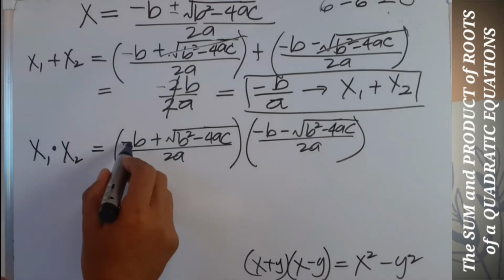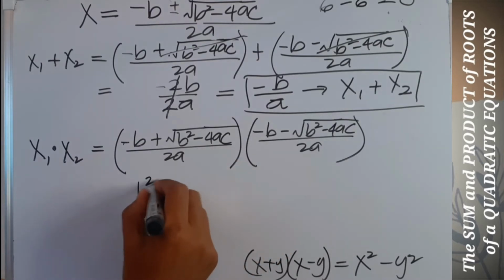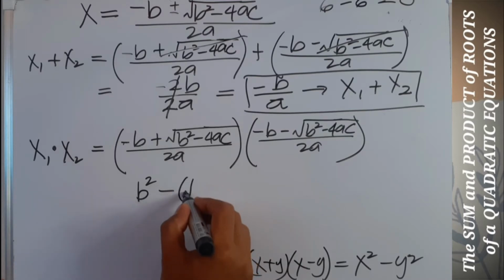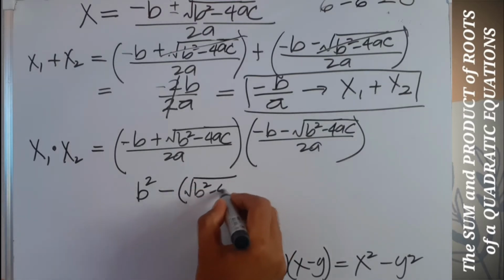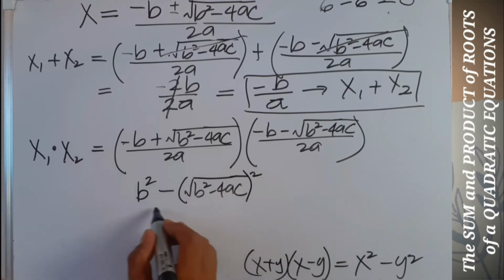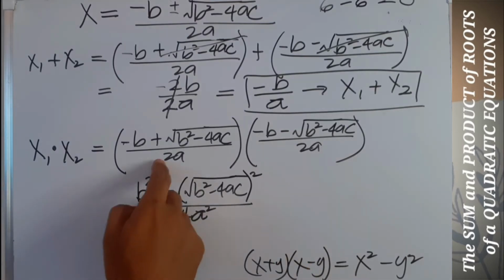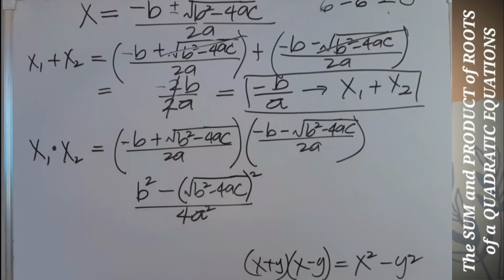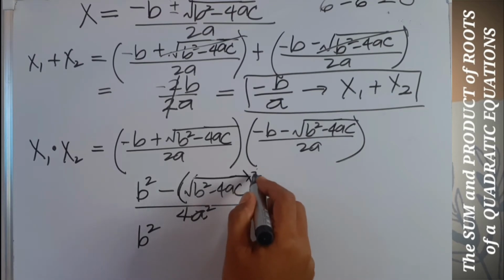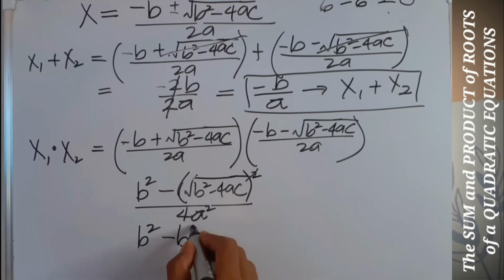So just get the squares. Negative b times negative b is b squared minus the square root of b squared minus 4ac squared all over 4a squared. 2a times 2a is 4a squared. The square root of b squared minus 4ac quantity squared is cancelled. So we have negative times b squared is negative b squared.